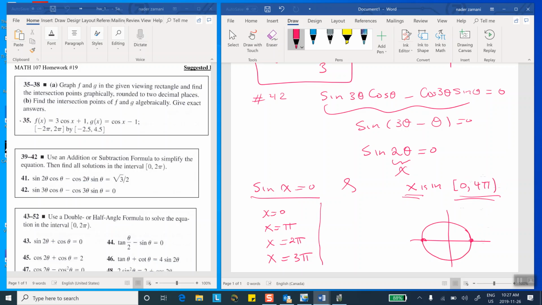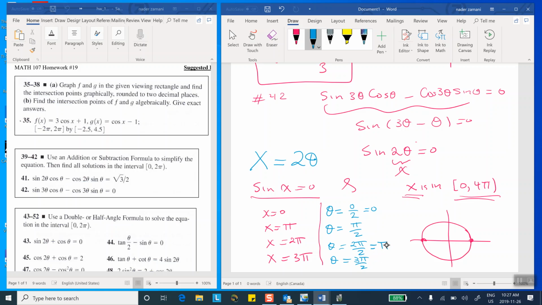Now, these are x's. I don't want x's. Remember, x is 2 theta. Let me write it with a different color here. X is 2 theta, so theta is x over 2. So 0 over 2 is 0, pi over 2 is pi over 2, 2 pi over 2 means pi, and 3 pi over 2 is 3 pi over 2.